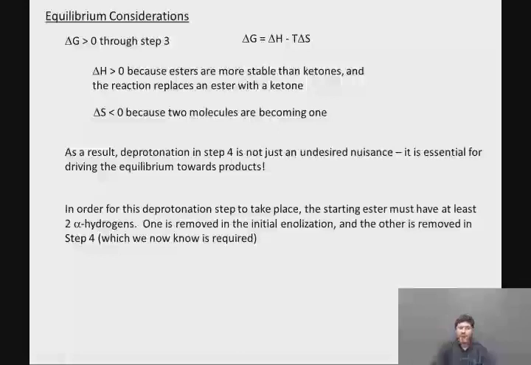So one of those alpha hydrogens gets removed in the initial enolization, and then the second one has to be removed at least temporarily in step 4, which we now know is required. That hydrogen is going to get put back on in the end, but we have to have that step in which we remove that alpha hydrogen.